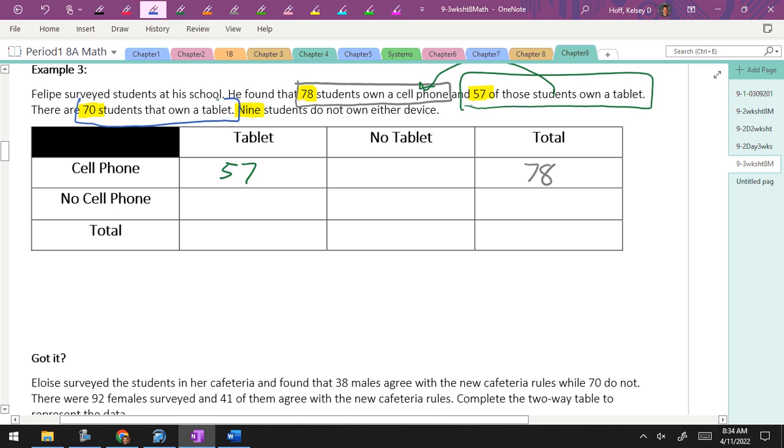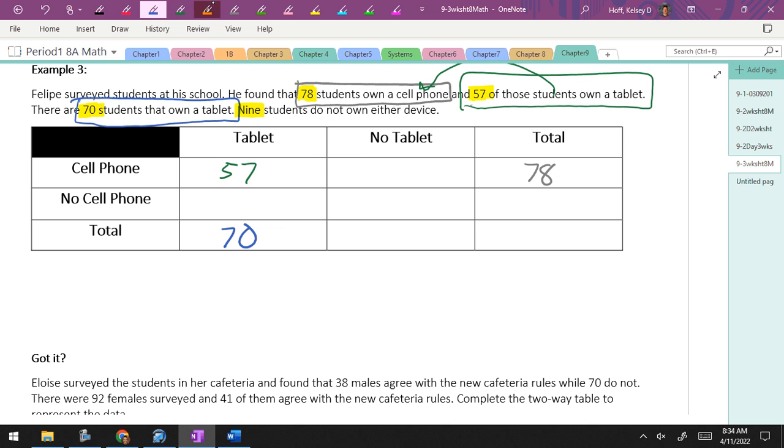So we go to the next piece. 70 students own a tablet. Young Kong. Do we know anything about their cell phone right here? Nope. So 70 students own a tablet. So tablet all the way down to total is going to be 70. If they don't say anything about cell phone, it's going to be where one of your totals are.